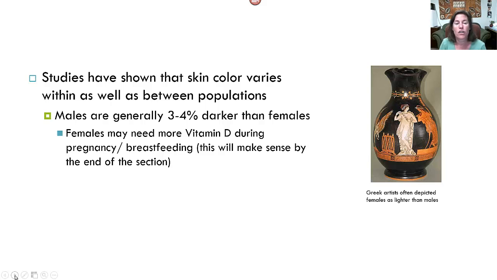Studies have also shown that skin color varies within as well as between populations. It's affected by both sex and age. Males are generally 3 to 4% darker than females, and females generally need more vitamin D during pregnancy and breastfeeding.